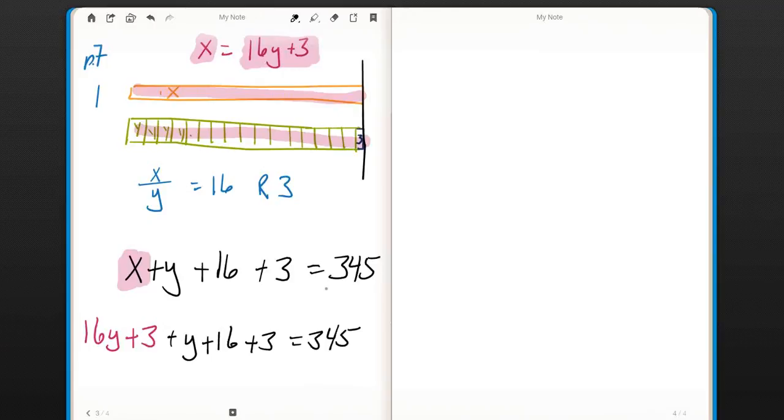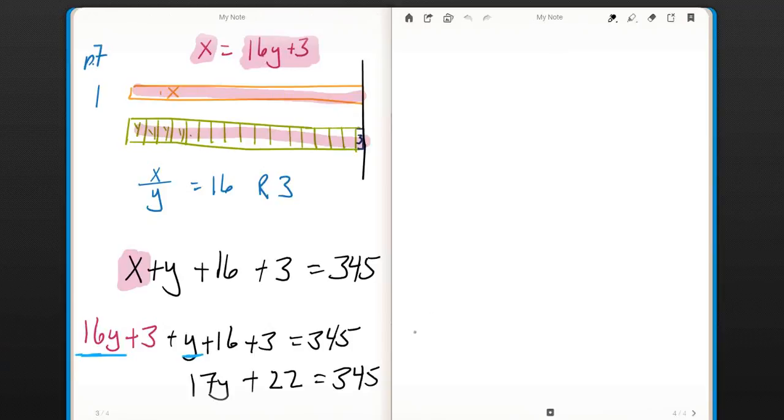And if your student is watching, forget I said that. Because really, this is what Singapore Math has led us up to being able to do. We can put our y's together. So all together now, I have 17 y's and 22 is equal to 345.